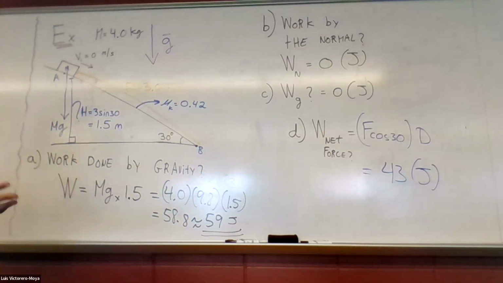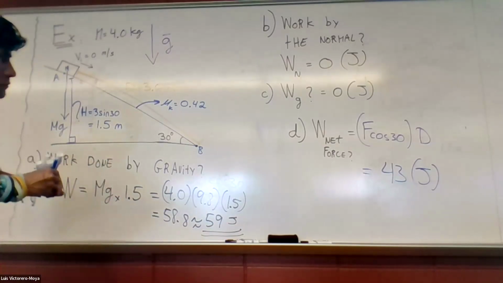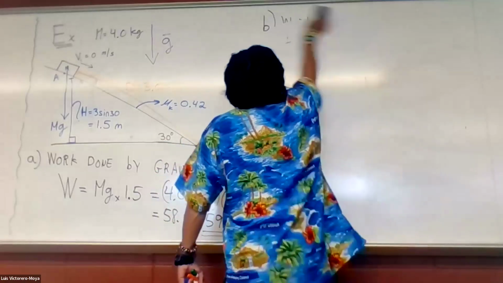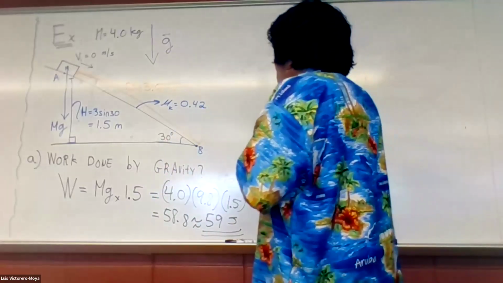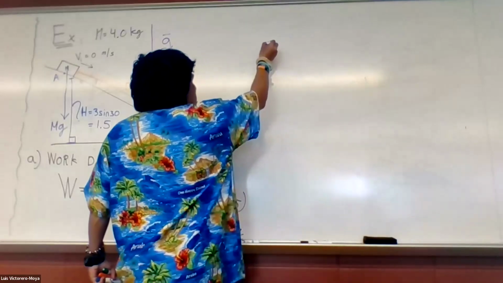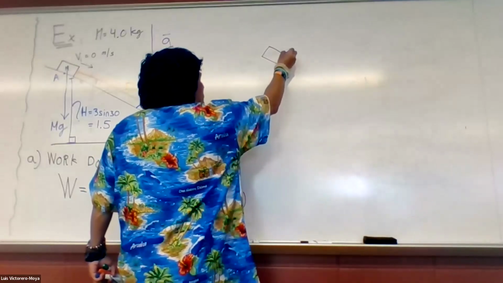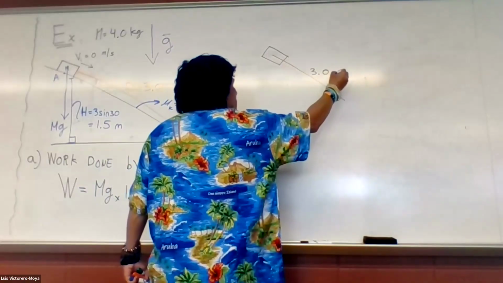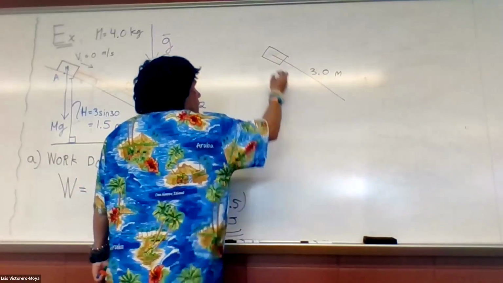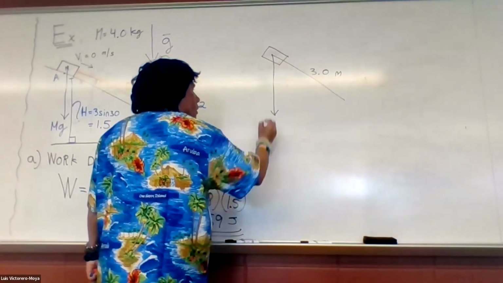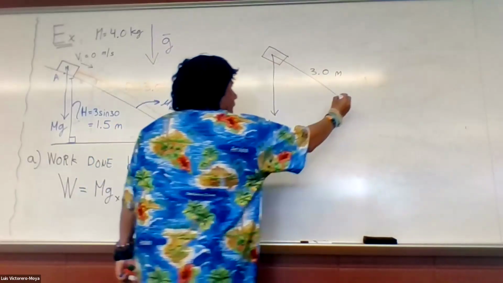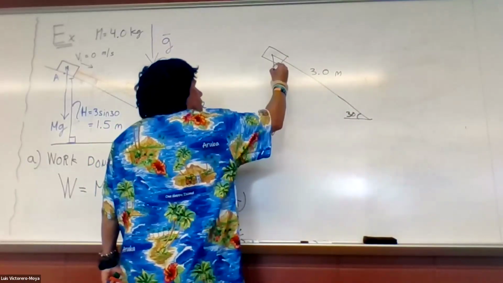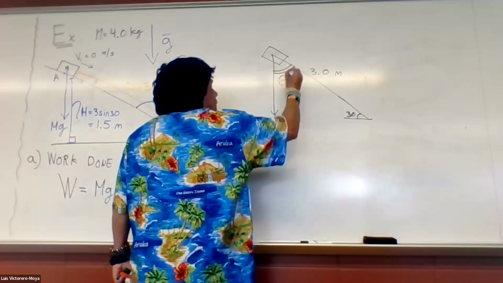Now, what's another way you can think about this? The force of gravity and the mass. So the mass is like this, and it's moving on a slanted distance of 3.0 meters. Now there's the distance, and this is the force, mg. And the angle here is 30 degrees. Because this is a right triangle, this is 60 degrees.